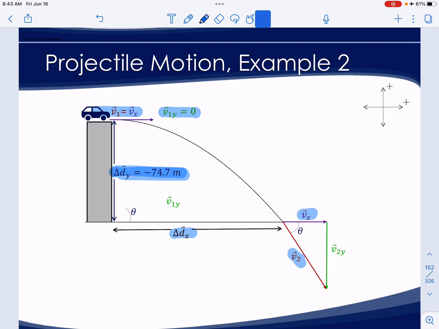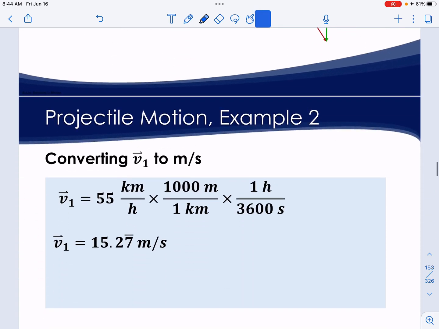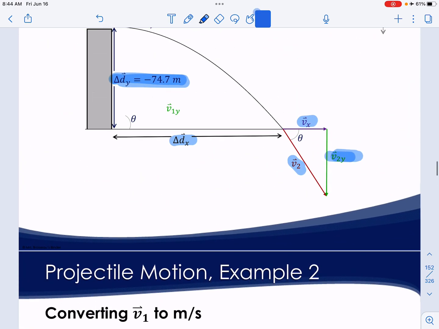This is always assuming right before it lands, not after it lands, because after it lands there would be no velocity in either direction. And this is our v2y, which is basically just the speed that the car accelerated from gravity over the amount of time it had to fall.